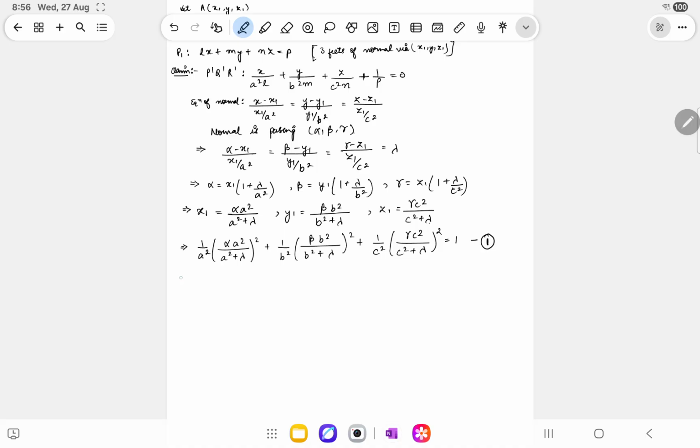So the question says that PQR has 3 feet of normal. So Lx plus My plus Nz equals P has 3 feet of normal.